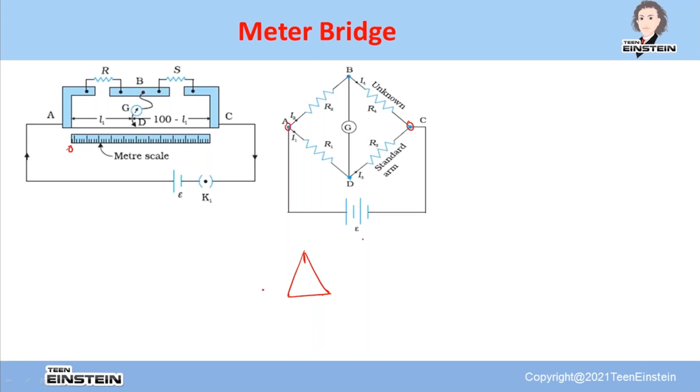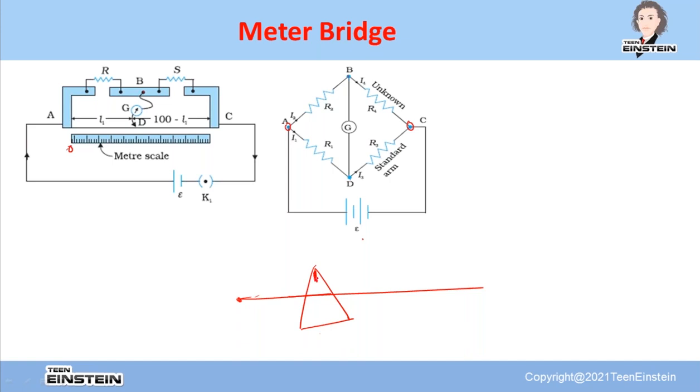It can slide over the wire. I'll just draw it separately again. Suppose this is a jockey, it can slide over the wire, and there is a knife edge.